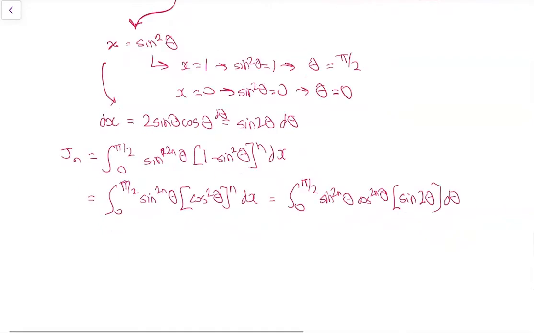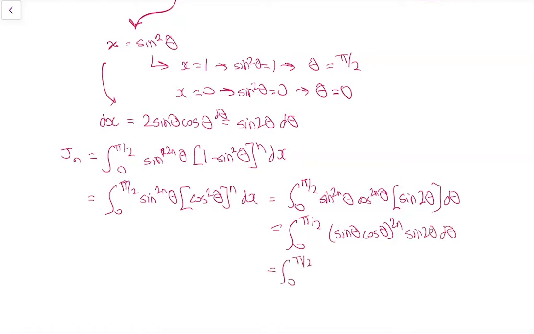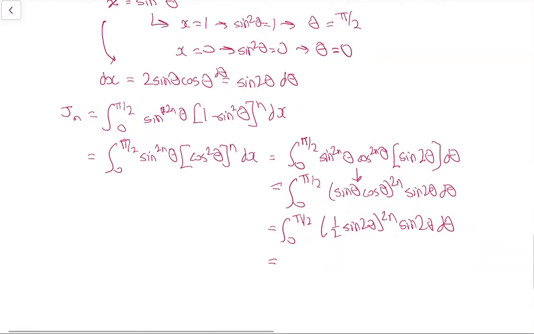Okay. Now we can put the sines and cosines inside the power of 2n. And now using the double angle formula again, this is half of sine 2 theta. And now we can take a factor of 2 to the 2n out. And we get sine to the power of 2n plus 1 of 2 theta d theta.